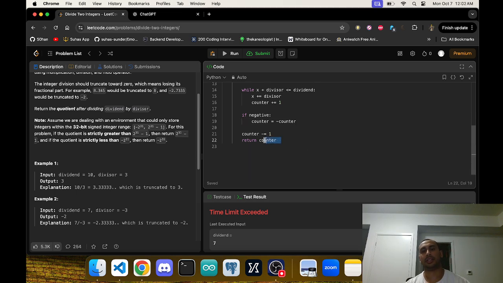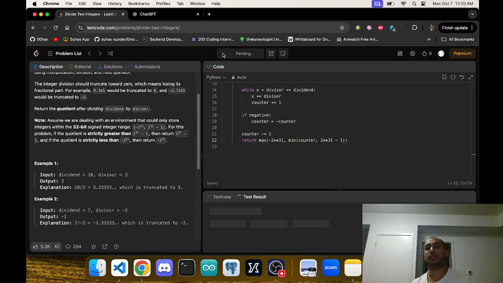So basically it's saying if it's less than that, return the value. 2 to the 31 minus 1. If it's less than that. And then get the max value between this. Alright, that should work. And we could submit.